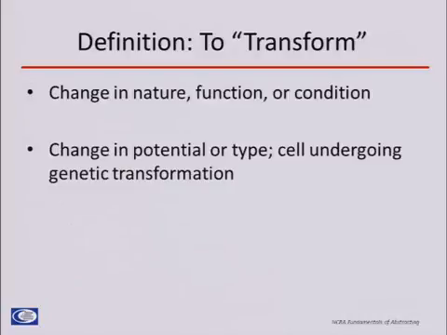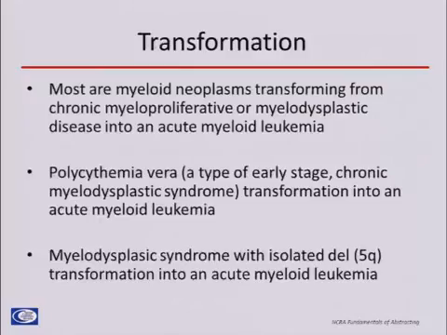A transformation, on the other hand, the cells actually change. Okay? The nature or function or condition changes, and the cells undergo an additional genetic abnormality. So there's a second malignant transformation. And that's why these become new primaries, because they are not involving the same clonal line of cells, and there's a different genetic mutation.